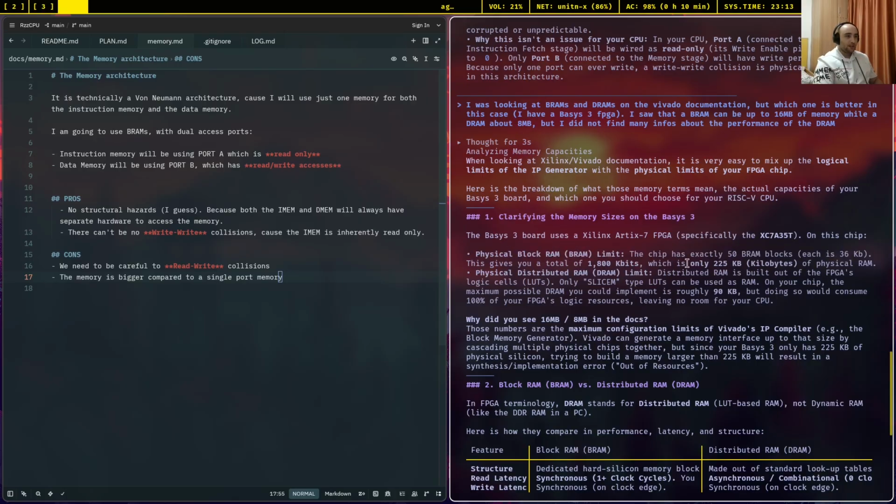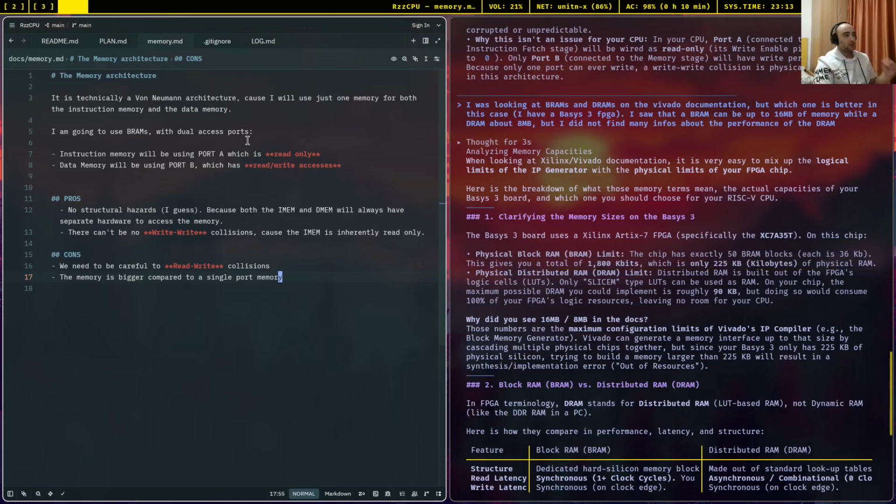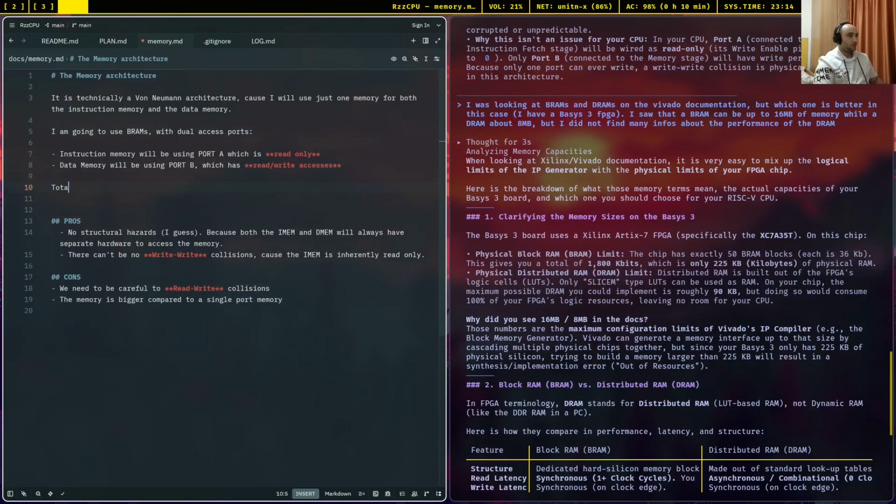So technically, total of 1800 kilobits, which is only 225 kilobytes. So let's write that. Total size 225 kilobytes.